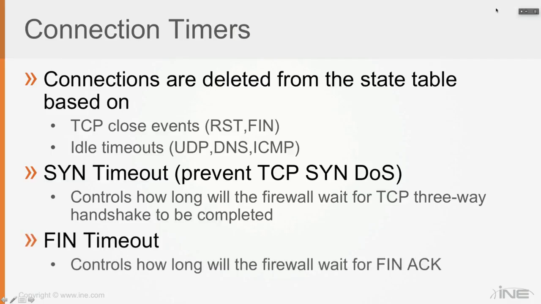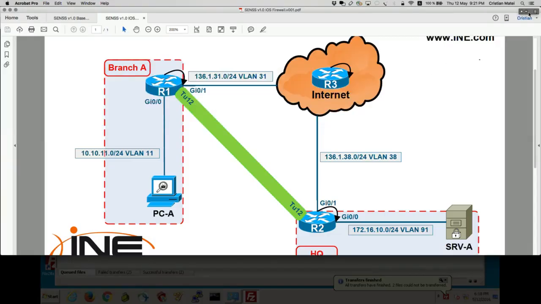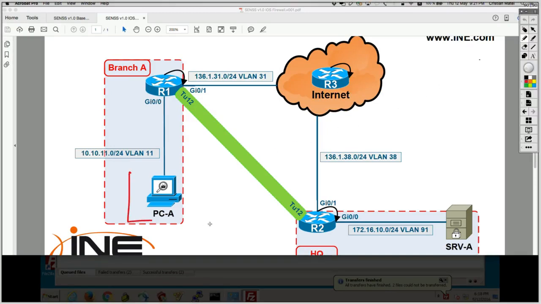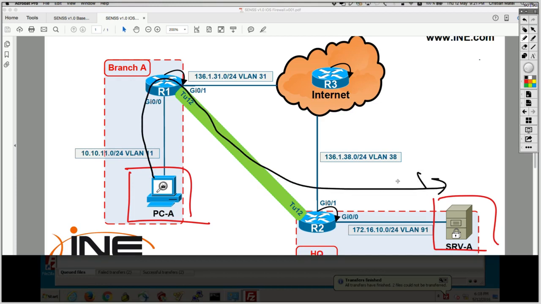Also, you have the FIN timeout, which controls how long the firewall will wait for FIN ACK. Because if I have a TCP session, as I said before, between PC A and server A, which passes through my firewall and matches an inspect action, that's a TCP session. Now, let's say this was an FTP session.